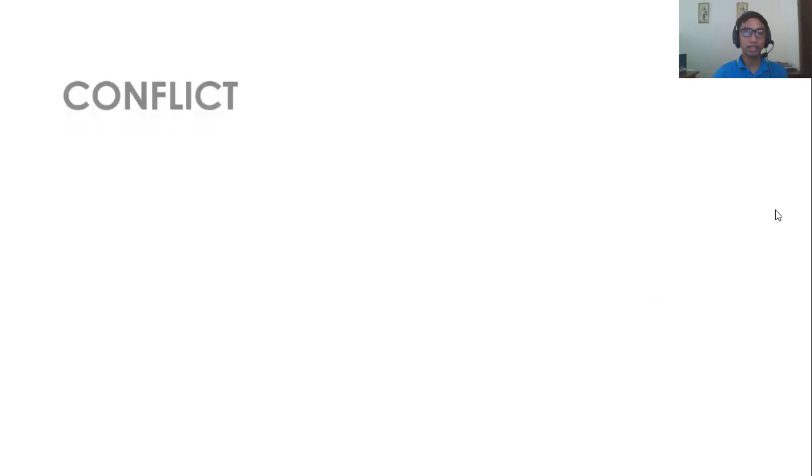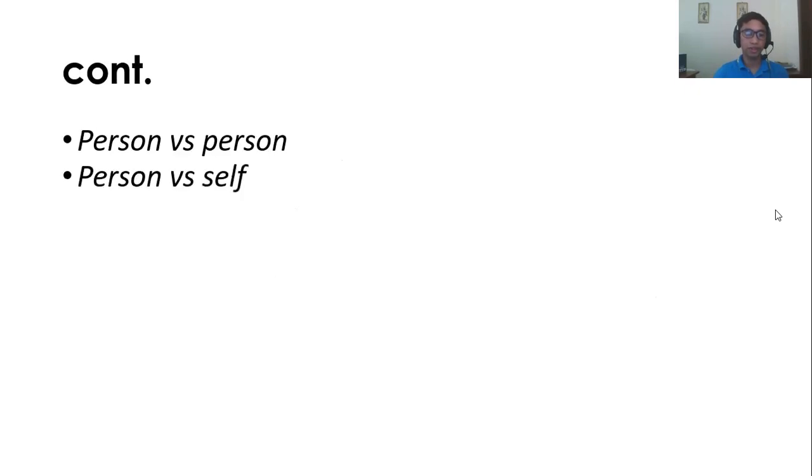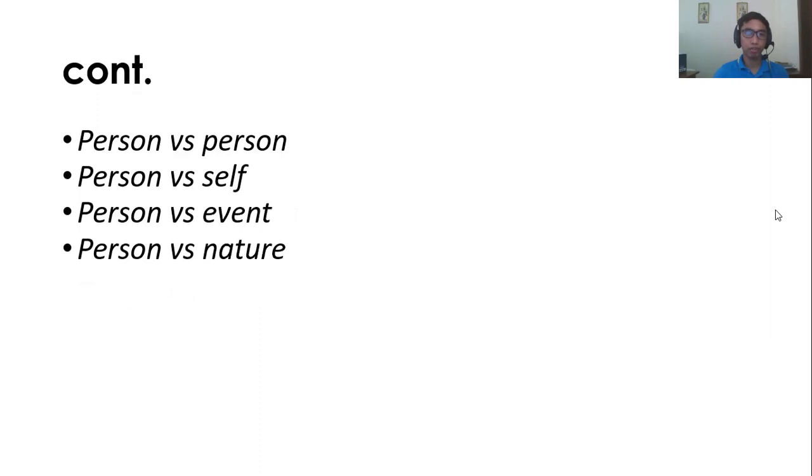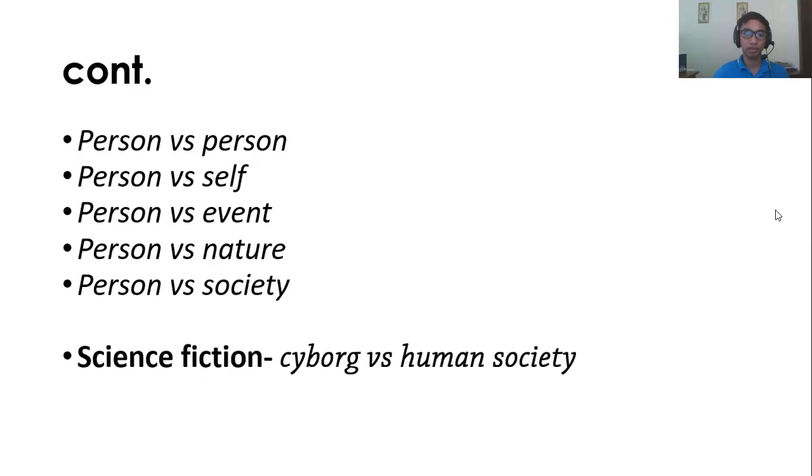Next one is the conflict. The conflict is really the problem that needs to be resolved at the end of your story. It could be person versus person, person versus self, person versus event, person versus nature, person versus society. And for science fiction, it could be a cyborg or a machine versus human society.